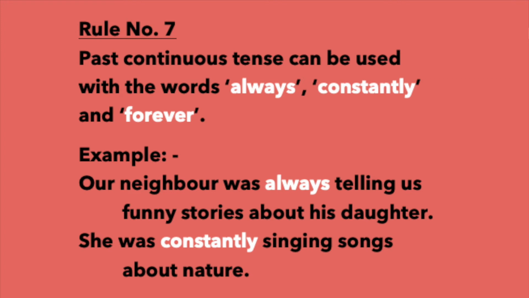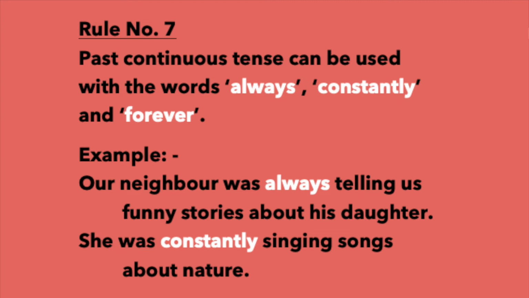Rule number 7. It can be used with the words always, constantly and forever. When using it this way, it is used to talk about things that happened repeatedly but occurred in the past. The action is not happening now and was a temporary habit. See the example. Our neighbor was always telling us funny stories about his daughter.